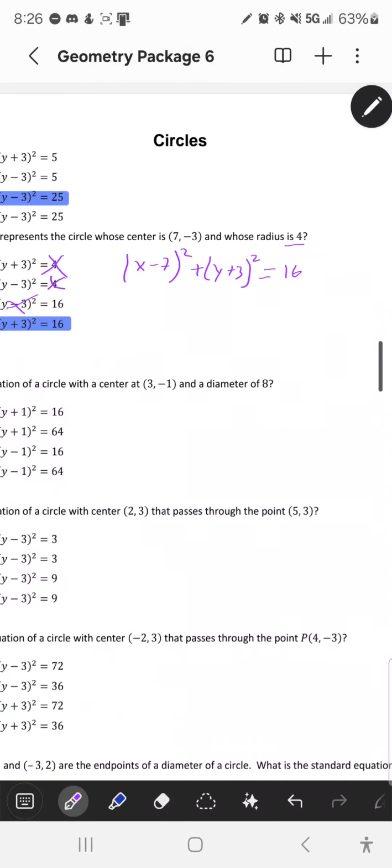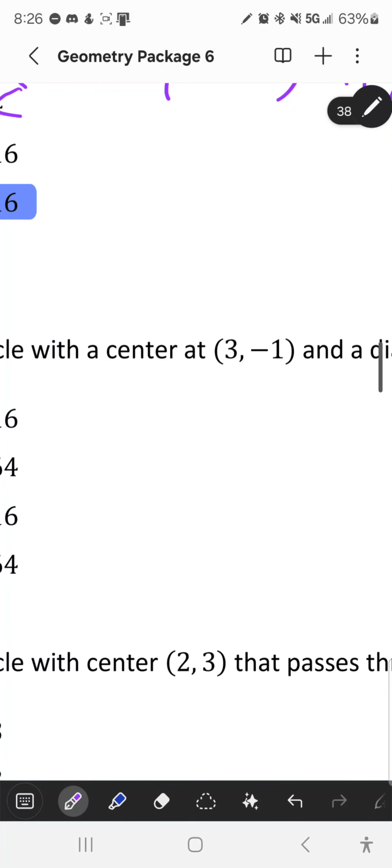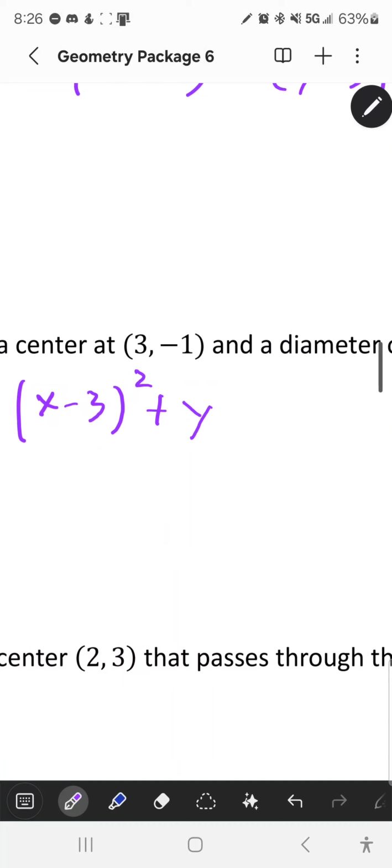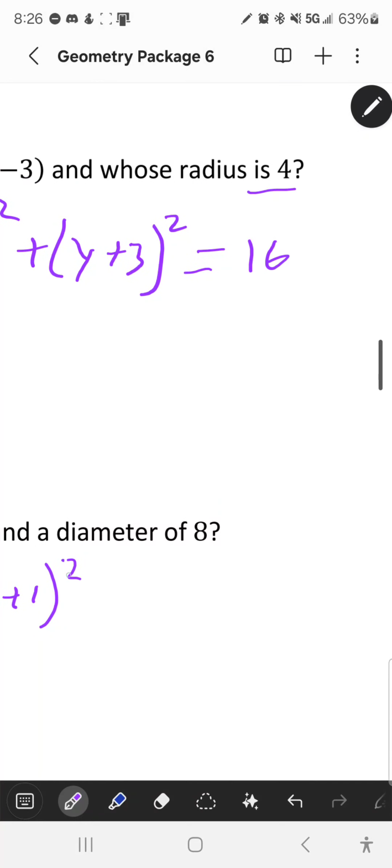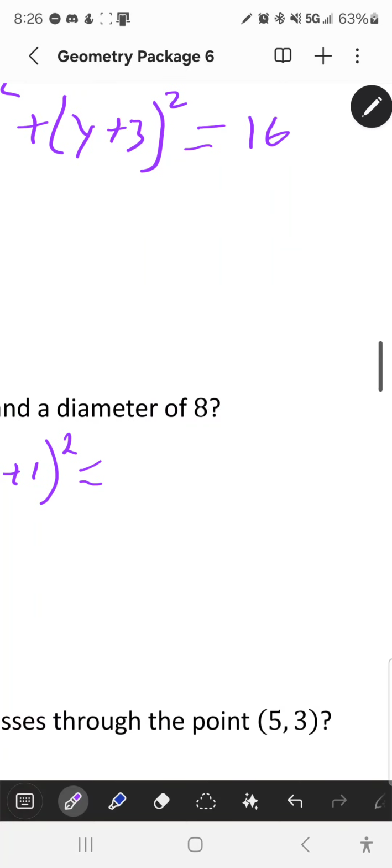Now let's look at 40. We have the center, it will be x minus 3 squared plus y minus 1, which is plus 1, squared, equal. Now they're giving us the diameter, and we need to be very careful with that. The diameter is twice the radius.